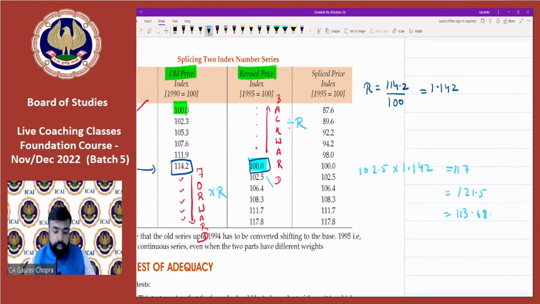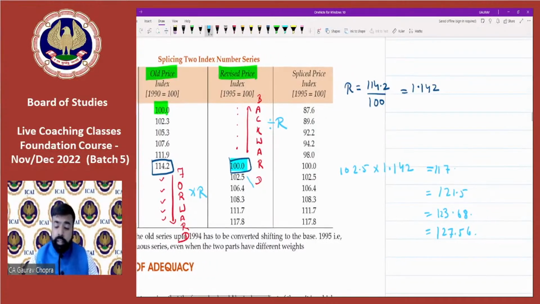Then for next year, 111.7 into 1.142, 127.56, and so on. So in this manner, this is the forward splicing.